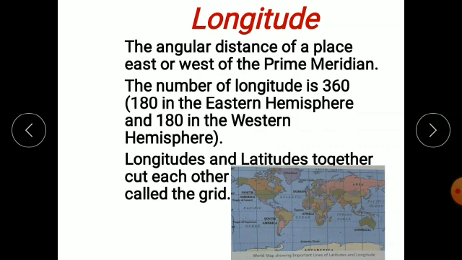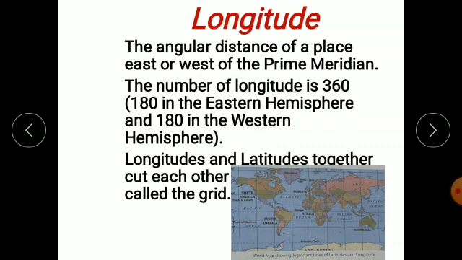They are semicircles and the distance between them decreases towards the poles where all longitudes meet. All these meridians are of equal length.